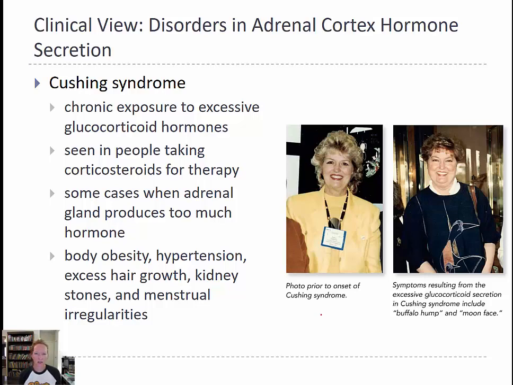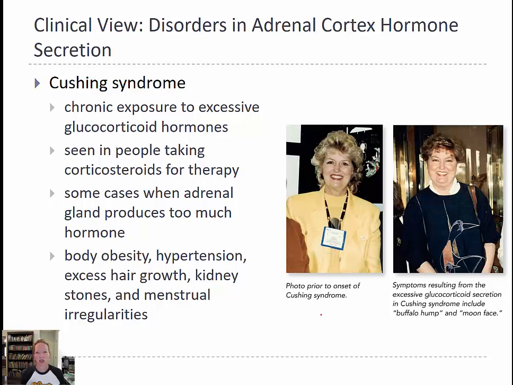Remember, one of the things with high doses of cortisol that we mentioned was retaining sodium and water. So that can definitely occur, giving a little bit more of an appearance of water retention. But it can also come from obesity.